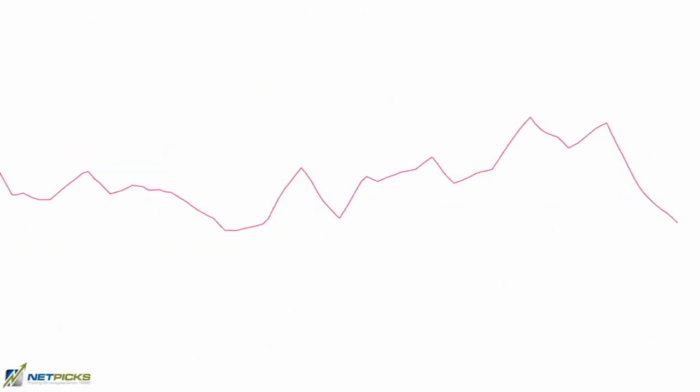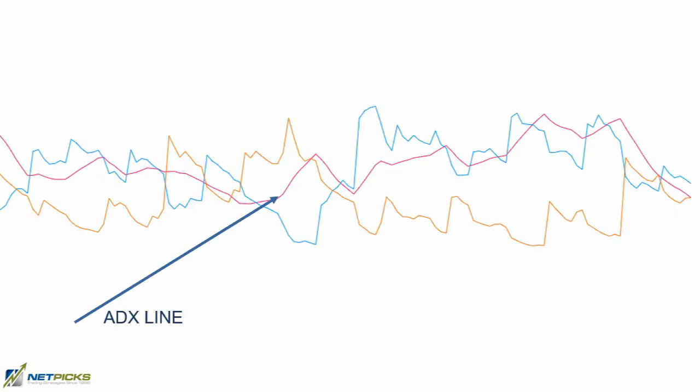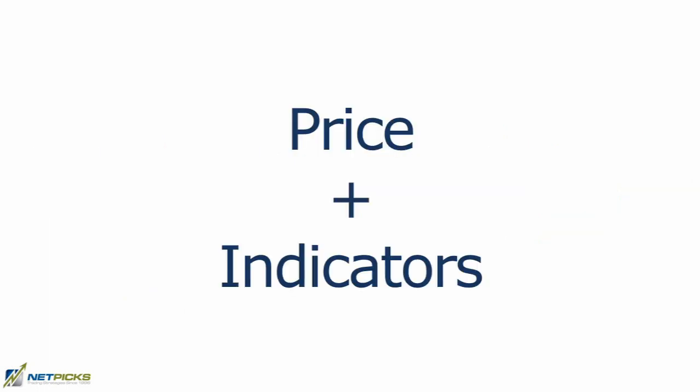That line will help you determine if the market's trending and the strength of that trend. The DMI version has three lines, including the ADX line, and those two lines are called directional movement lines. Traders have to understand the limitations of lagging indicators and their ability to get caught up in the market noise. I prefer using structure and price action along with the trading indicator.